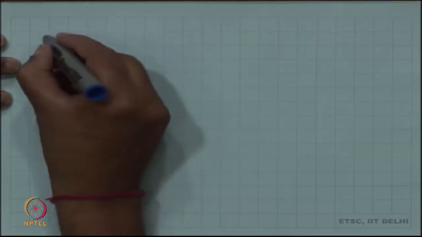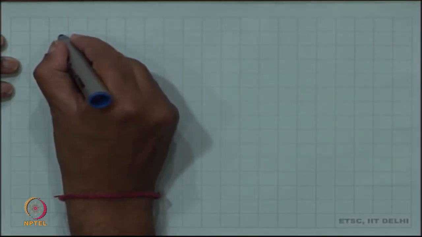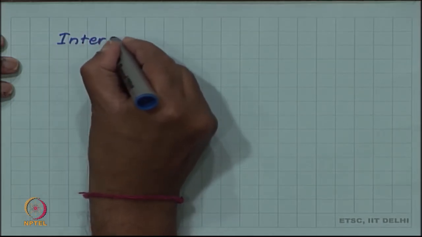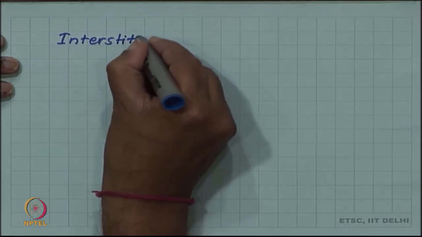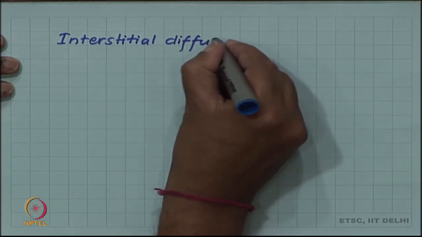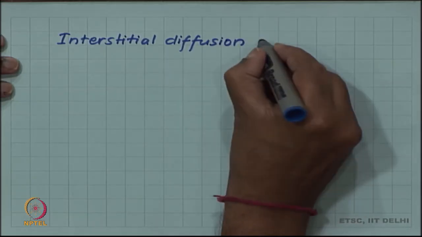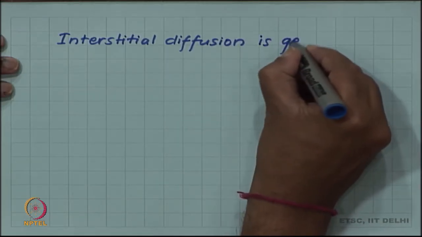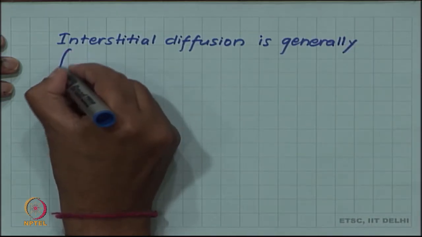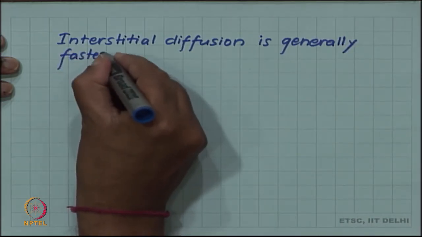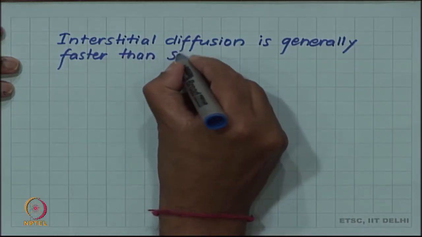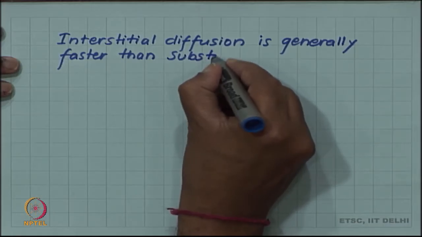Let us write down that interstitial diffusion is generally faster than substitutional diffusion.